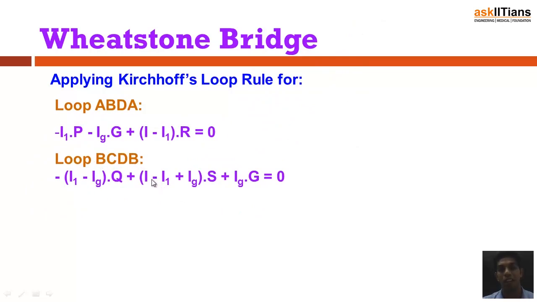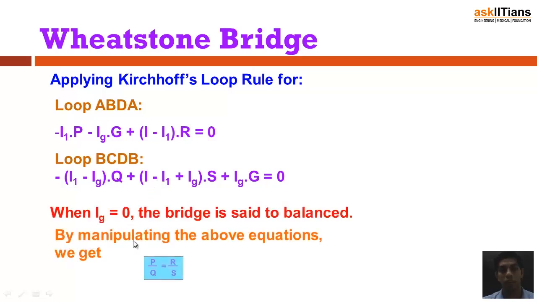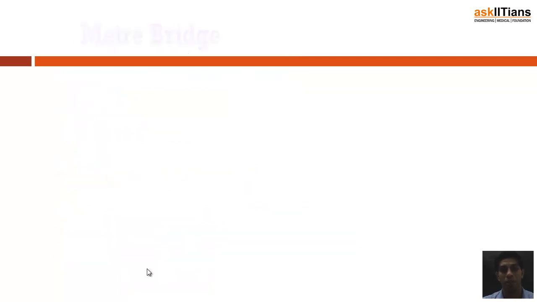Now if you put the current through the galvanometer to be 0, that is Ig to be 0, we get this beautiful expression: P by Q is equal to R by S. That's the relationship we get while solving Kirchhoff's law and applying it in the Wheatstone bridge with the condition that the current through the galvanometer is 0.